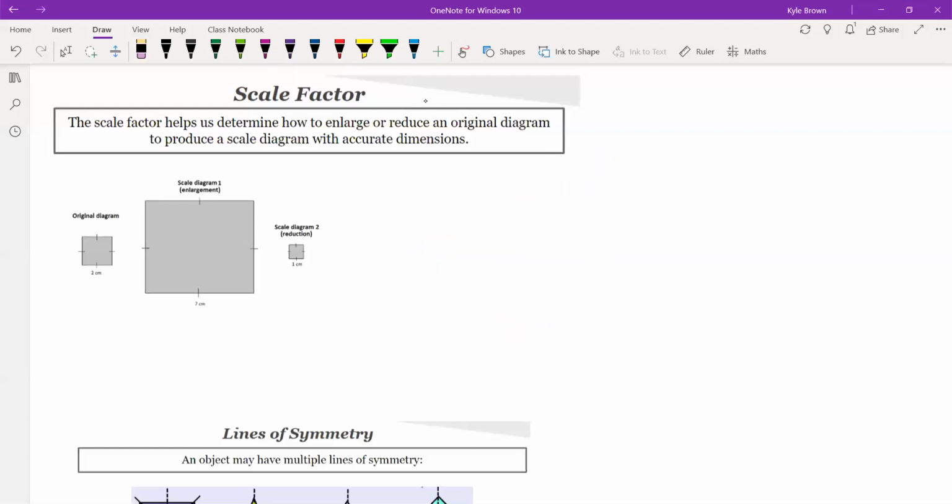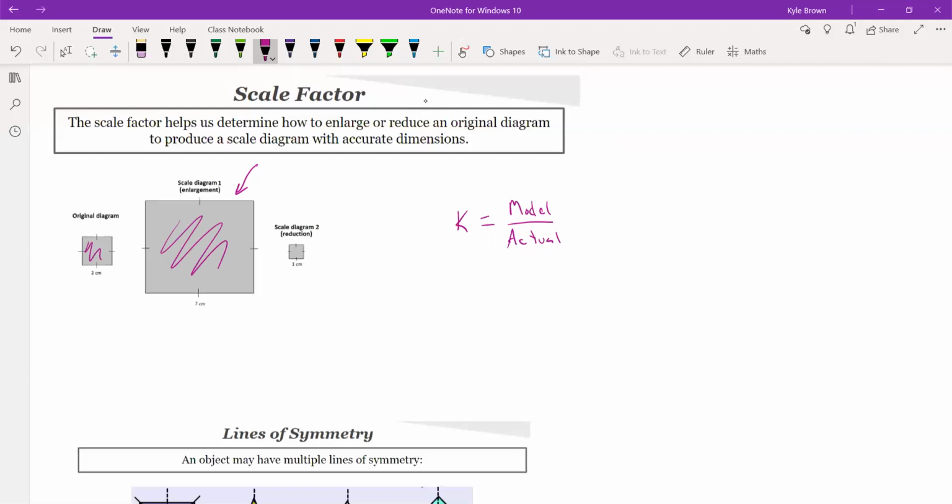Another way we can write this is that quite often we use the symbol K for scale factor, and you'd say K is equal to the model over the actual. So if I wanted to figure out what the scale factor was, let's say this is our model, the big one is our model, and this was our original diagram.